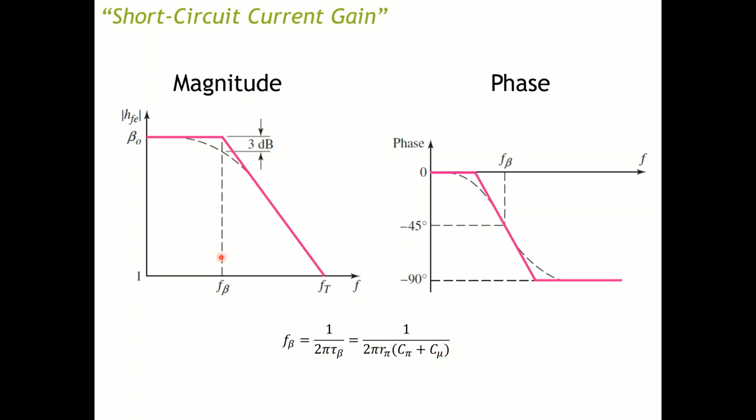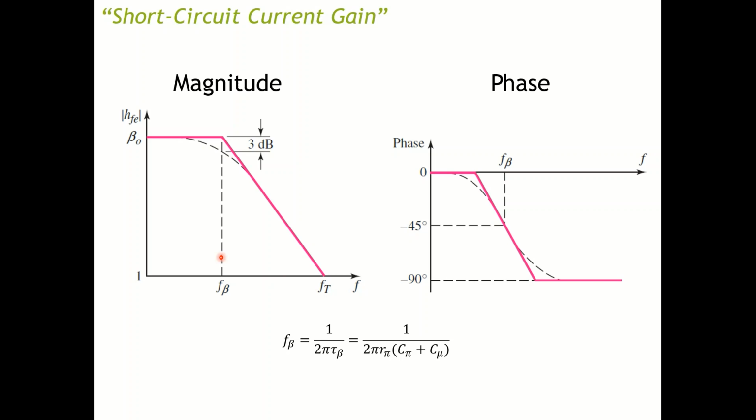For the phase plot of the current gain, as the frequency increases, the small signal collector current will no longer be in phase with the small signal of the base current.